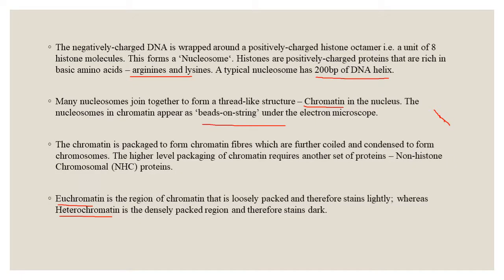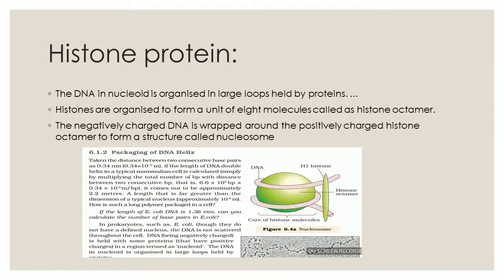Now, the negatively charged DNA is wrapped around the positively charged histone octamer, a unit of 8 histone molecules, and this forms the nucleosomes. Histones are positively charged proteins that are rich in basic amino acids, arginine and lysine. It is a very important point to be noted. This figure is exactly of the NCERT, and below that is the beaded structure.